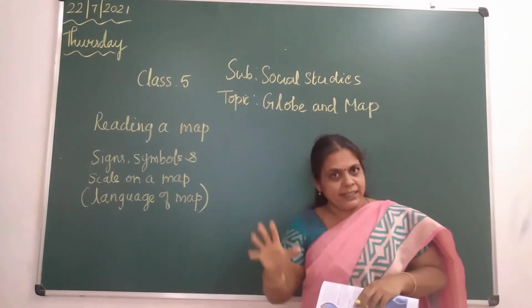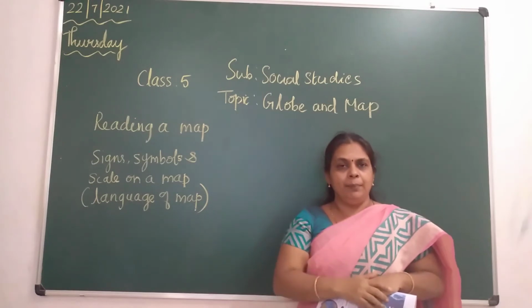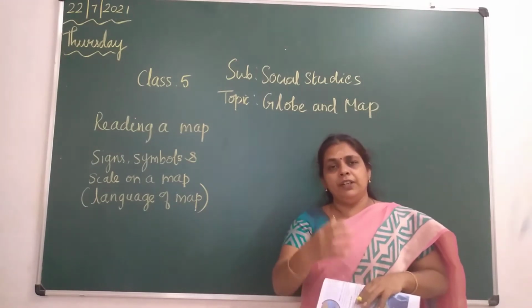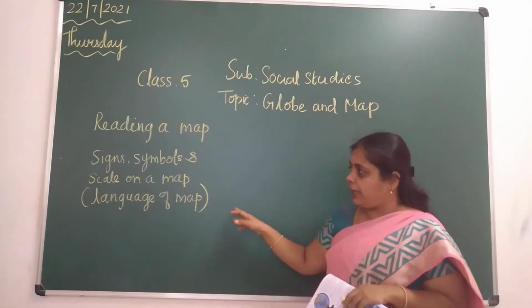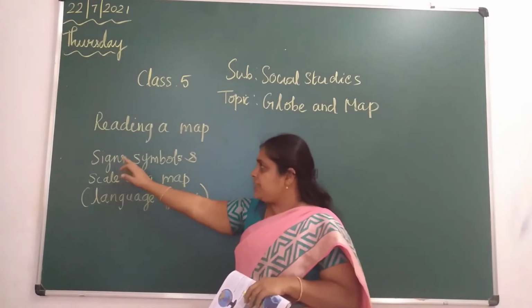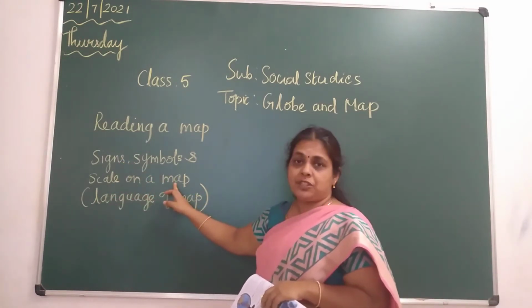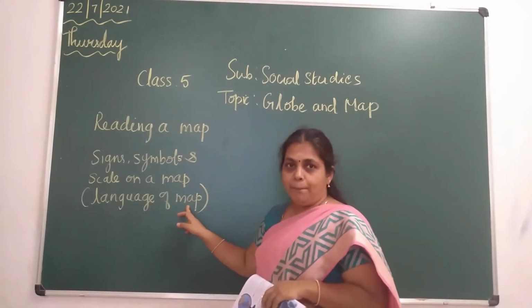So a map is a diagram of an area that is shown in the map. How will you understand that? For that we are going to have some signs, symbols and scale on a map, children. That is called the language of a map.